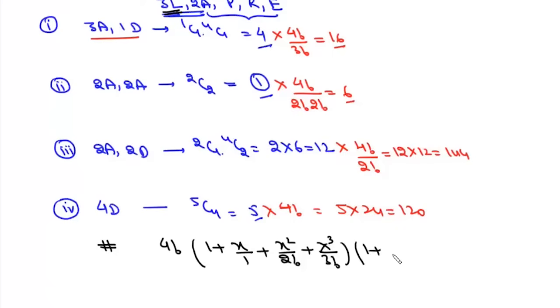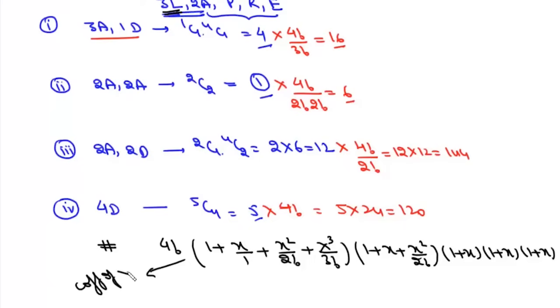Now for 2 A's it will be 1 plus x square upon factorial 2. For each of P, R and E, there will be these 2 cases, which is 1 plus x, 1 plus x and 1 plus x. Now from this we need to find the coefficient of x to the power 4.